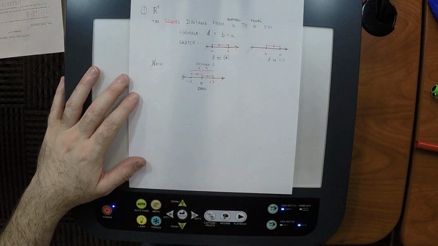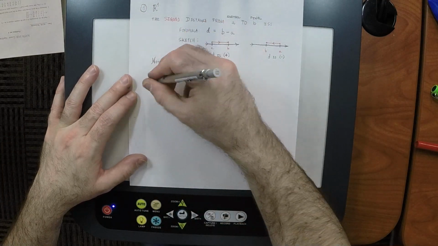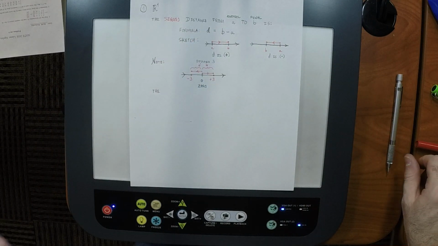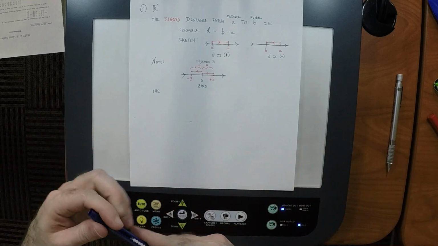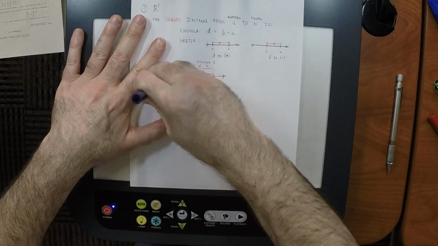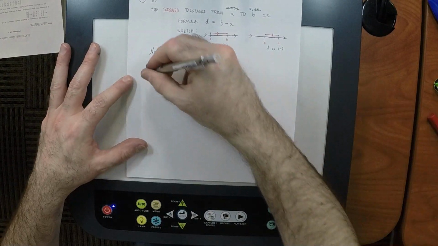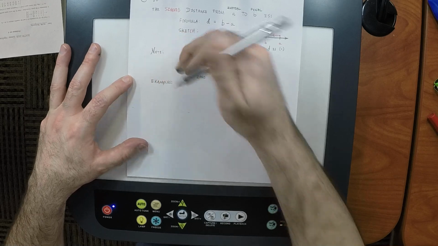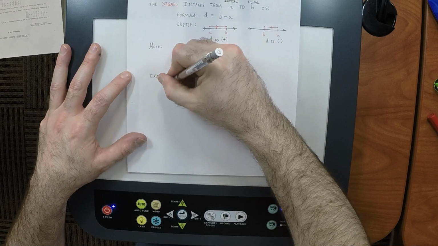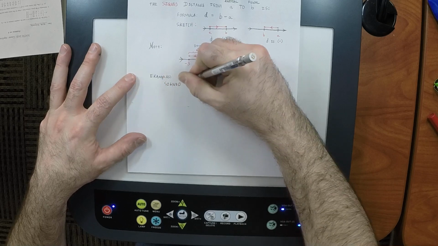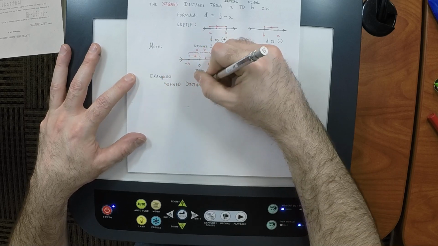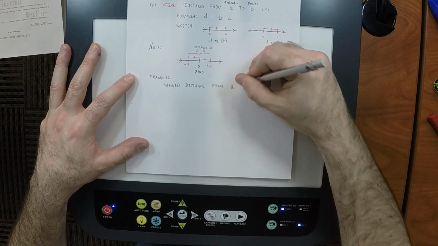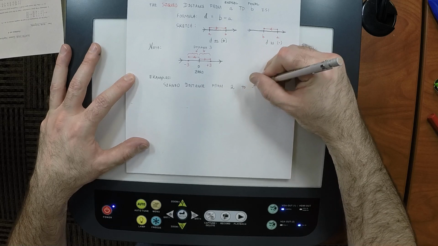Then besides signed distance, there's something called unsigned distance. Well, let's have an example before we do the next thing. The signed distance from 2 to 10.